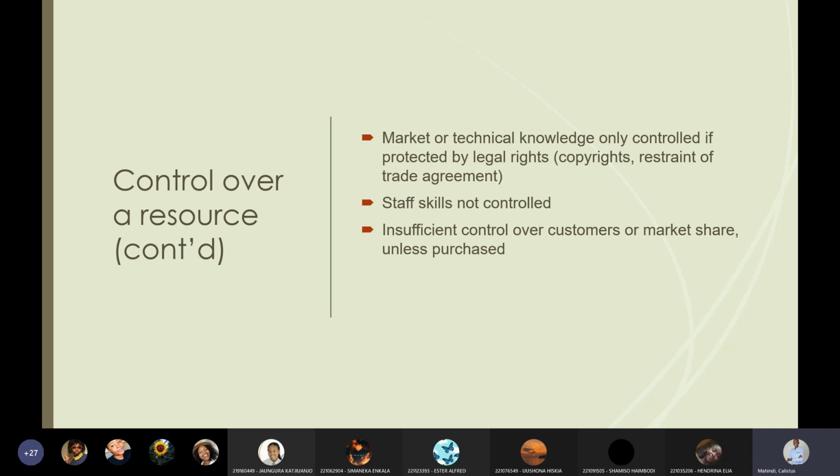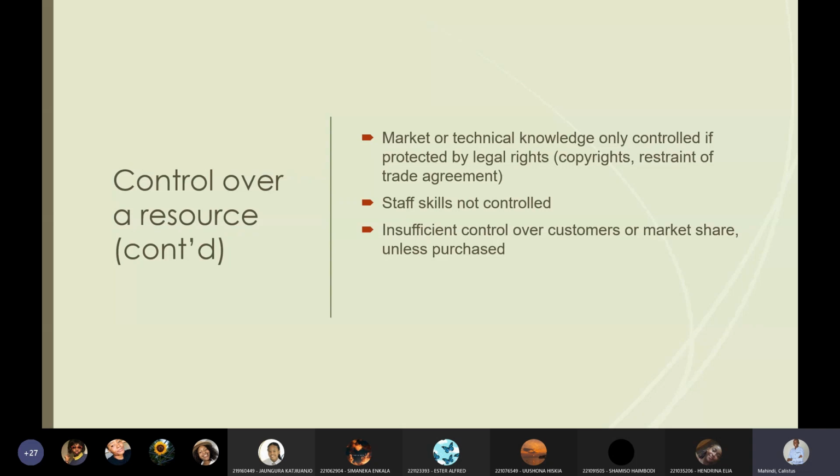Also, things like customers. A business cannot consider customers or a market share that they have as intangible assets, all right, because you really do not have control over what a customer or potential customer does.